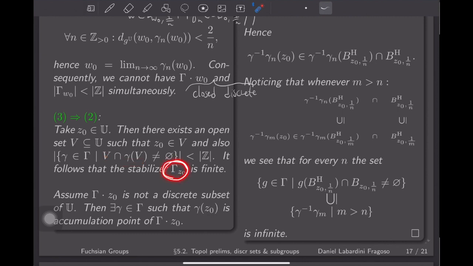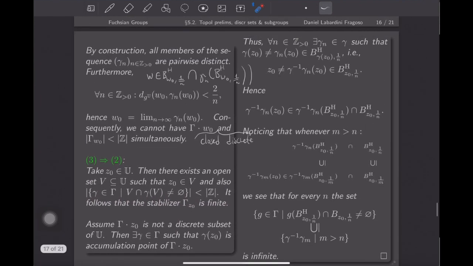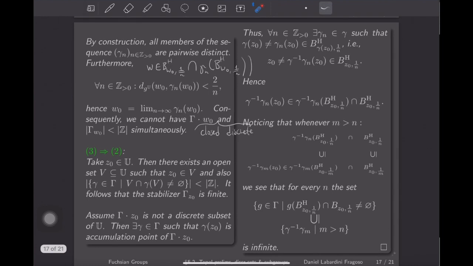So this one is actually a subset of this set, so it's finite. So that was an easy consequence, and the not so straightforward part is going to be that this one is closed discrete.